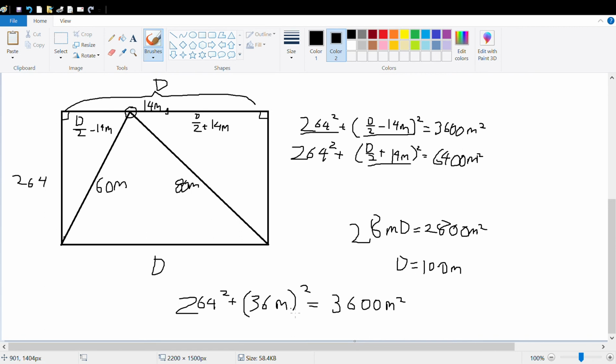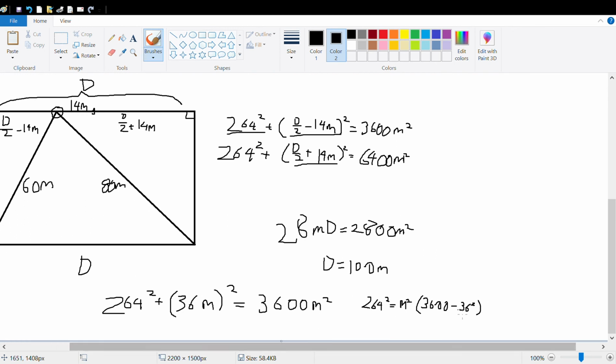Now if we subtract 36m squared from both sides, we get that 264 squared is equal to m squared times, we can factor an m squared out of the right-hand side, 3600 minus 36 squared. Now we can use difference of squares to simplify our calculations. So this is equal to 96 times 24 by difference of squares.